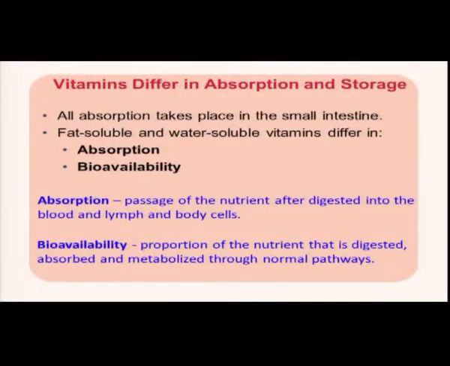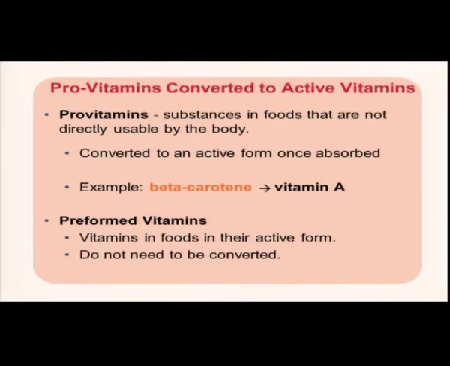Now we are going to look at some of the processes of bioavailability. If you look at this slide, you have this concept of a precursor vitamin getting converted into an active vitamin. We have seen this elaborately in the previous session.